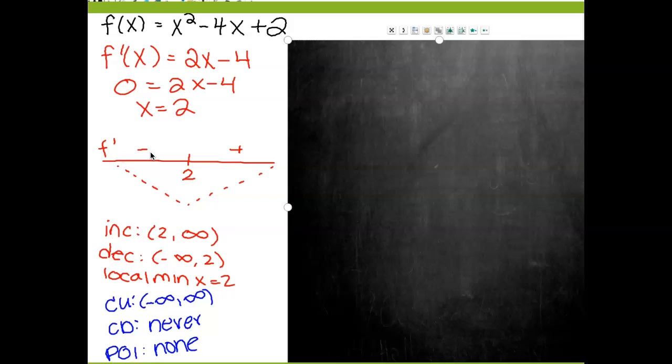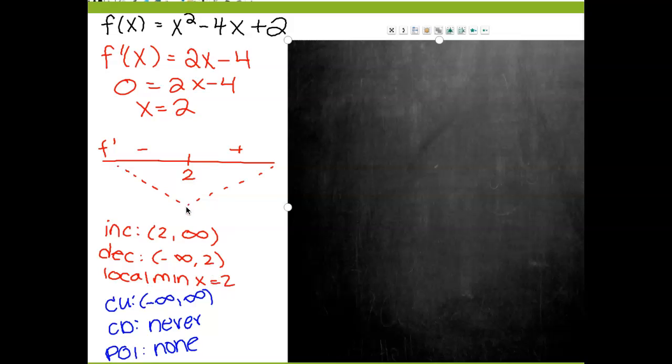So since f prime is negative, the original is decreasing. When f prime is positive, the original is increasing. So that's the key information I have here. Increasing 2 to infinity, decreasing negative infinity to 2. And we have a min at x equals 2.